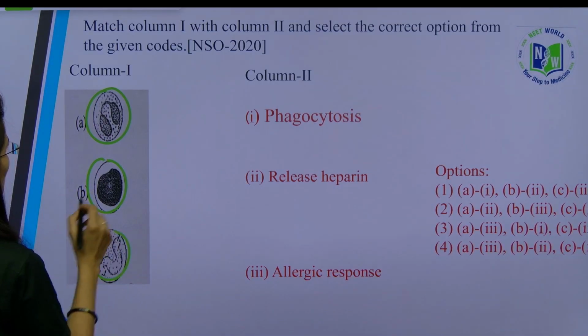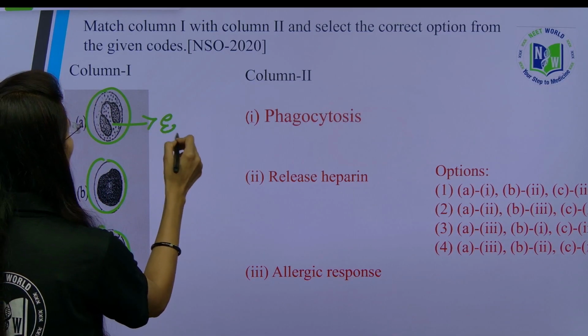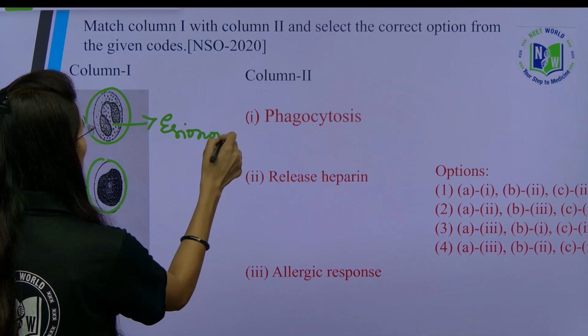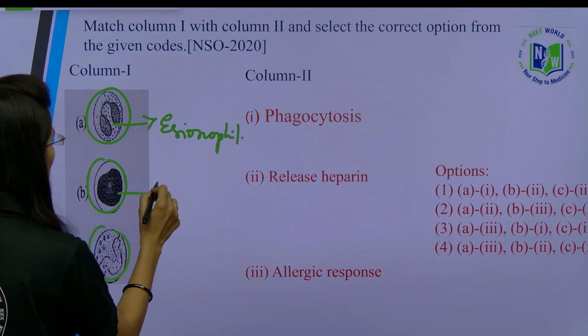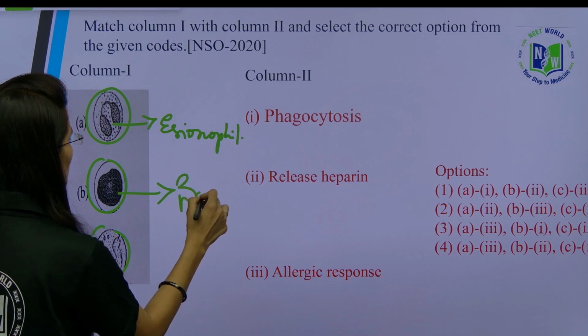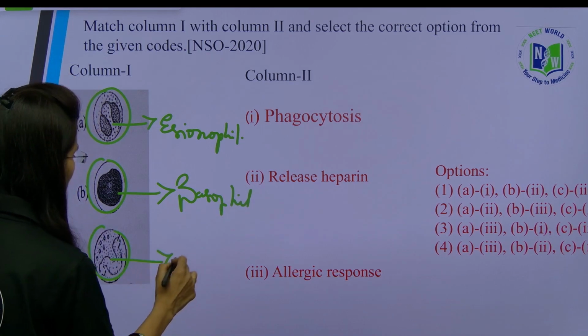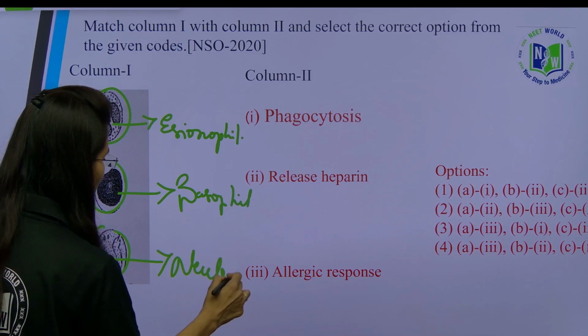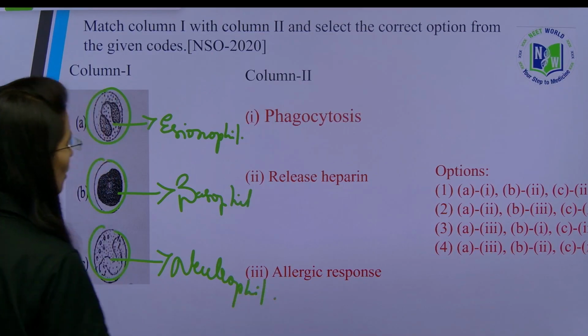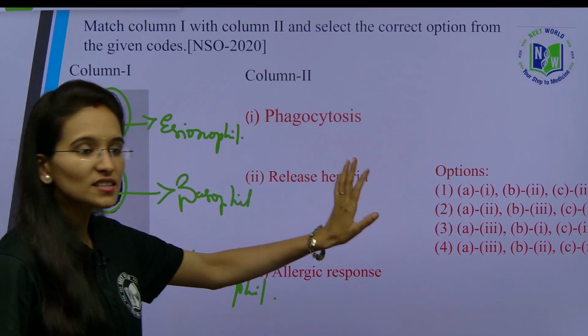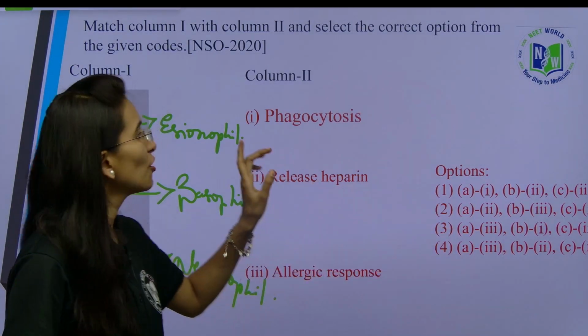So the first one is the eosinophil, the next one is basophil and the last one is the neutrophil. So now you need to understand their functions and match the correct option.